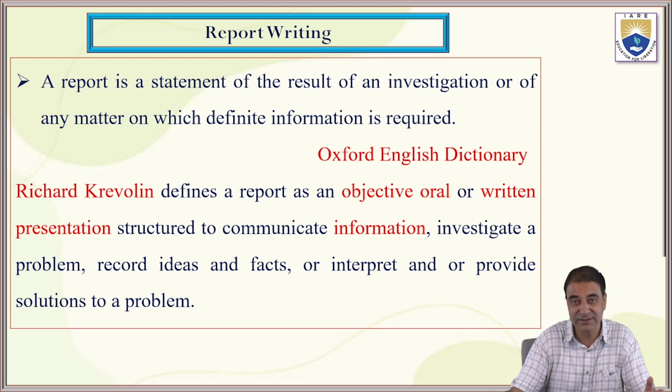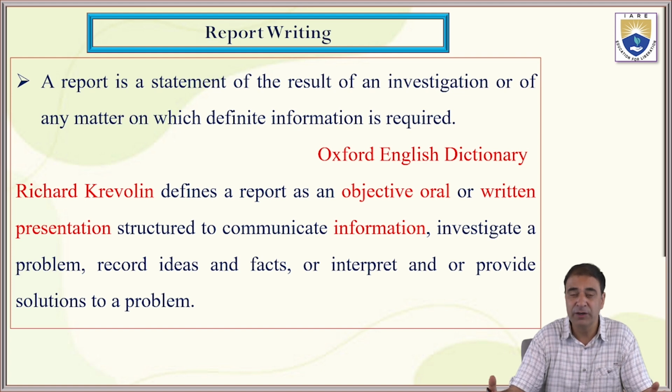And the second one is the scope: communicate information, number one. Second, investigate a problem. And the third one, record ideas and facts. And it can also be about interpretation or providing a solution to a problem.